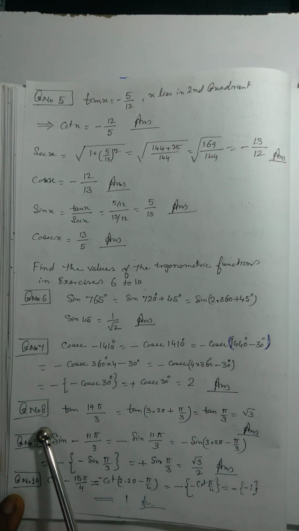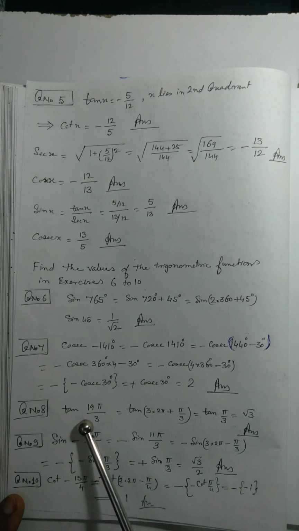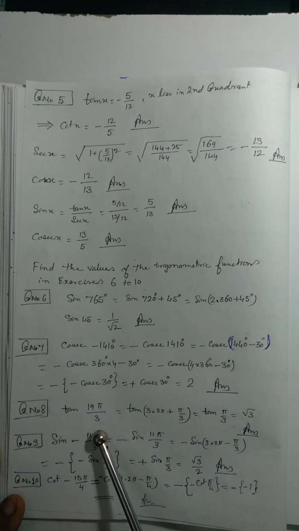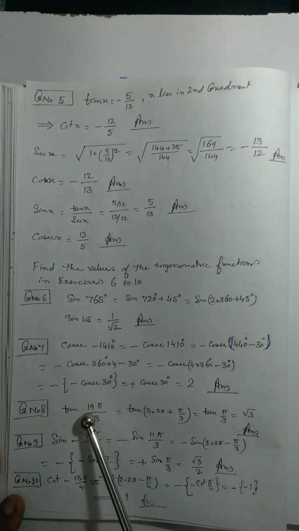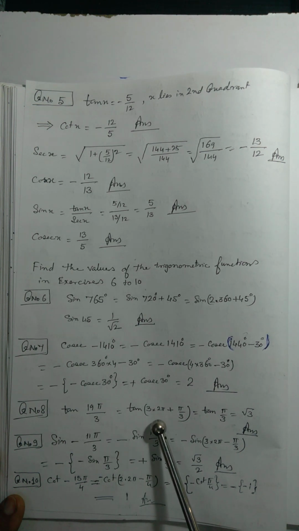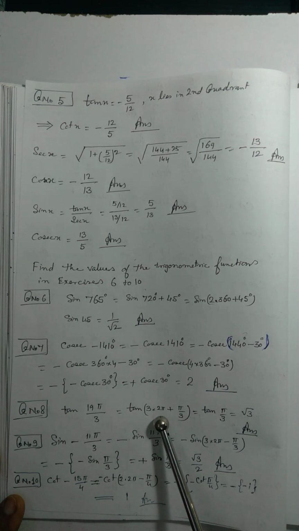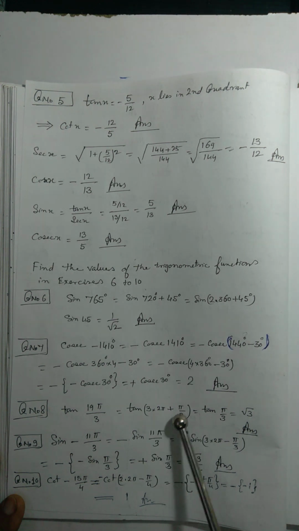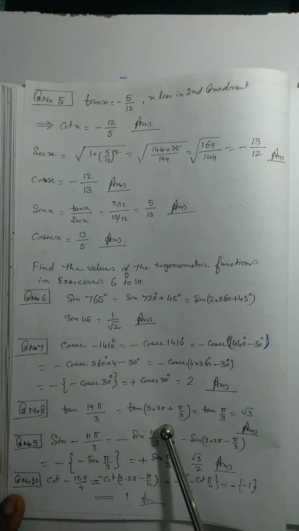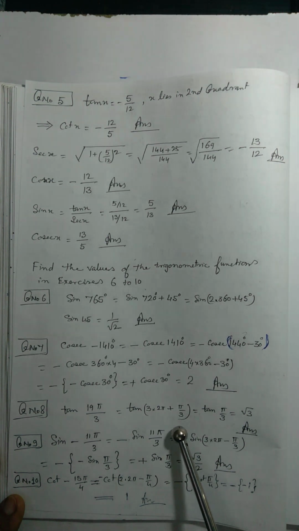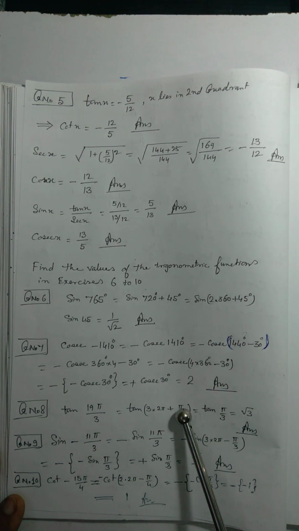Now come to the question number 8. Tangent 19 pi by 3. You see this angle can be written like this, 3 into 2 pi plus pi by 3. You see 3 will be multiplied to 6, so it will be 18 plus pi, that will be 19 pi.